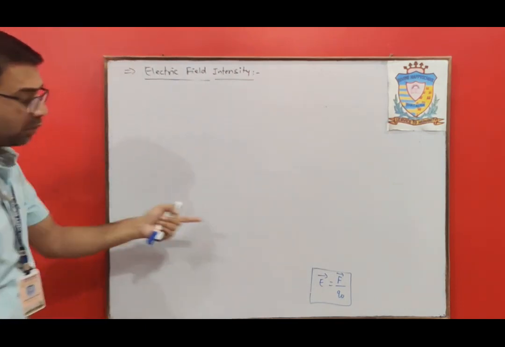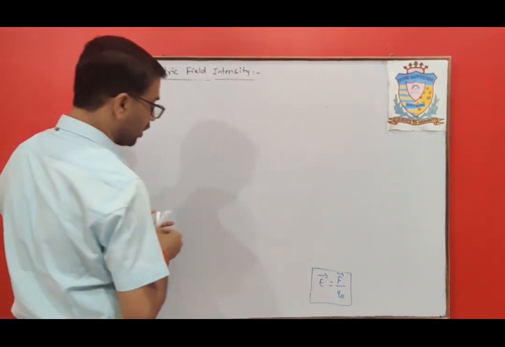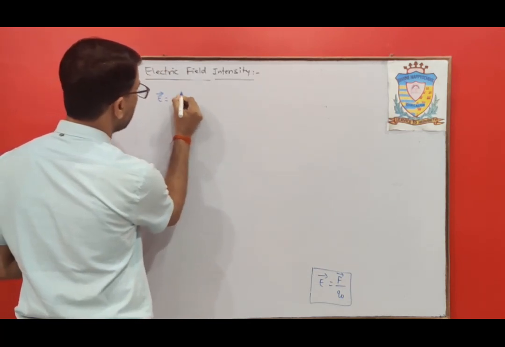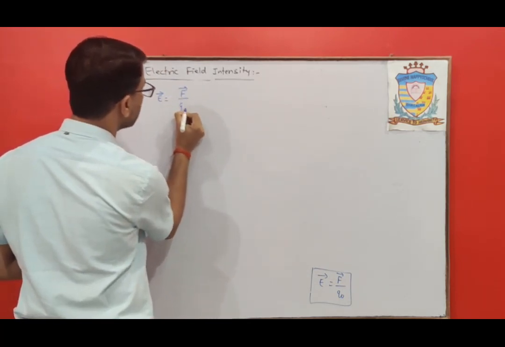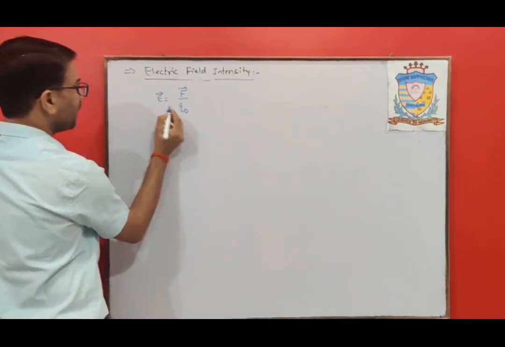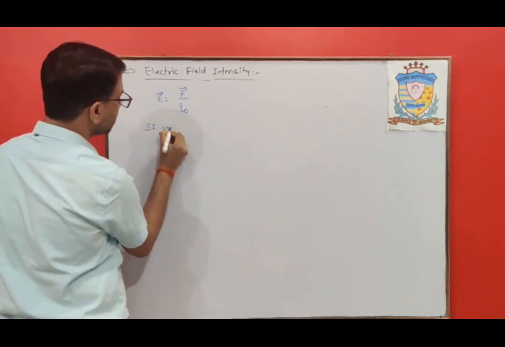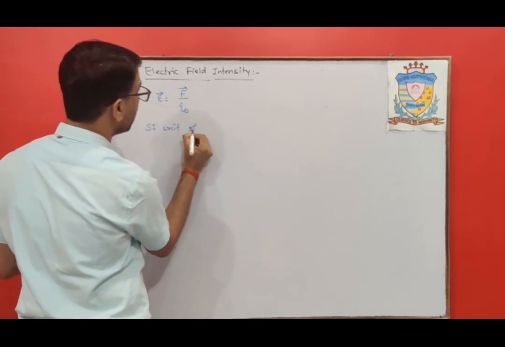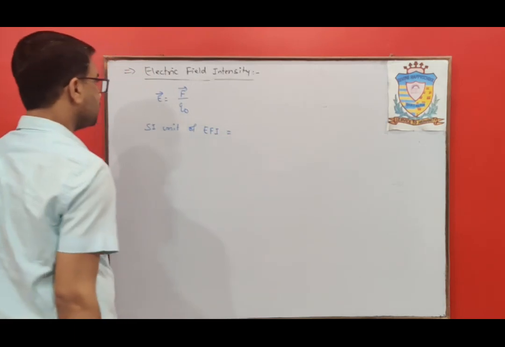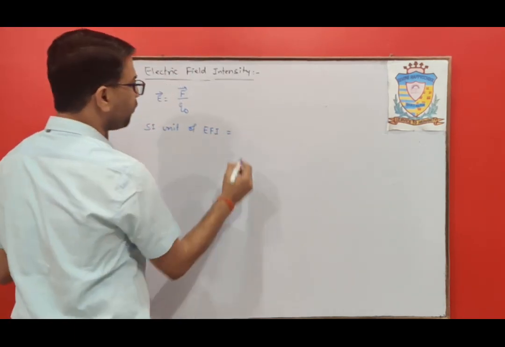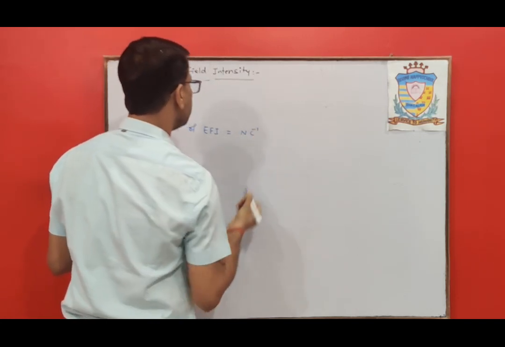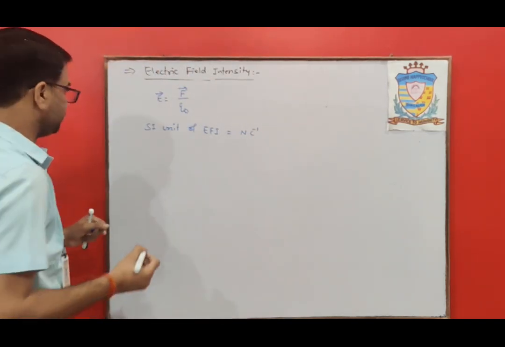So we will take the help of this formula, that is E is equal to F upon Q naught. The SI unit of electric field intensity is equal to the unit of force, Newton, divided by the unit of charge, Coulomb. So Newton per Coulomb.